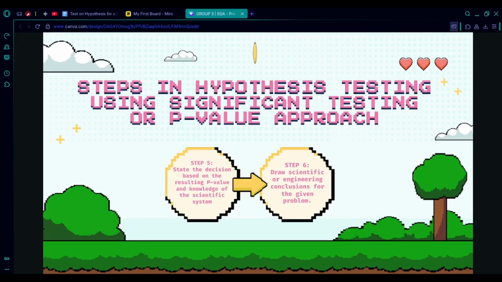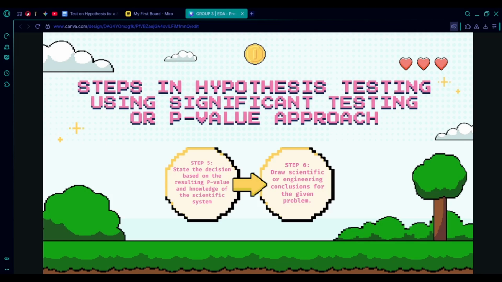In step 5, we state the decision based on the resulting p-value and the knowledge of the scientific system. Yung diniscuss ko kanina na decision rule, dito tayo magbe-base ng isasagot natin. From what I have discussed earlier, it's either we reject the null hypothesis or we accept the null hypothesis.